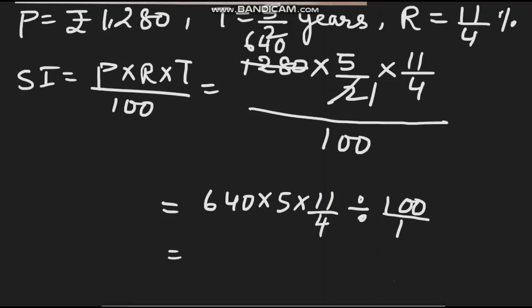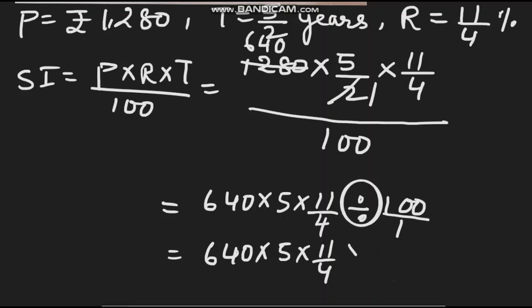Now this will be 640 into 5 into 11 by 4 into 1 by 100. Now see, 1 zero from here will get cancelled with 1 zero in the numerator.